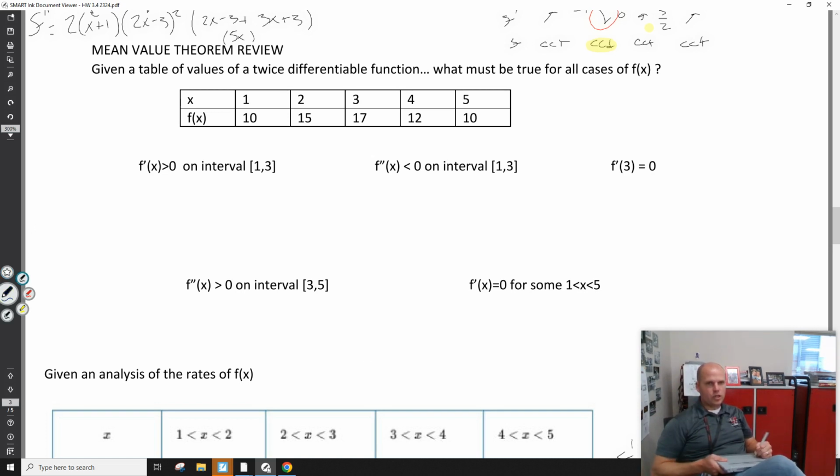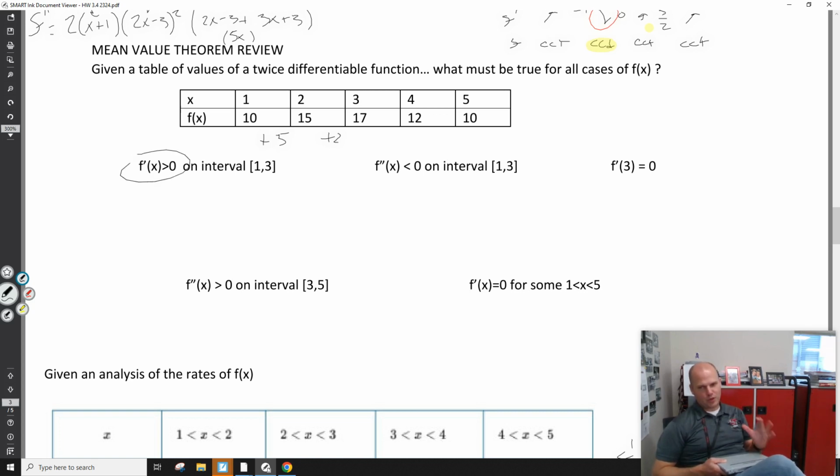You look at this table and I ask, what must be true? You look at this table from 1 to 3 and you see 10 to 15 to 17 and you're like, oh, my rates of change are positive. We go +5, +2 for our rates of change. So you're like, oh, F prime is positive.